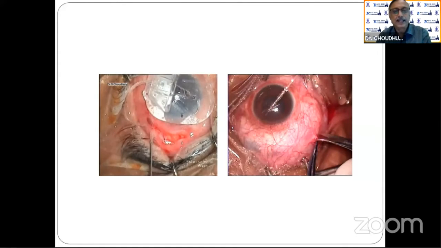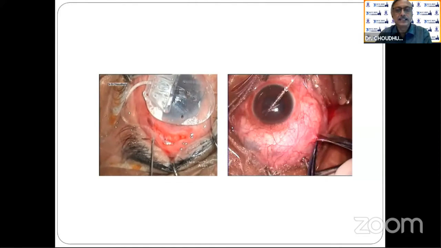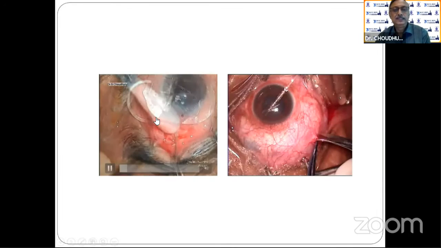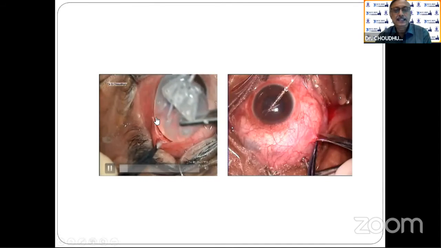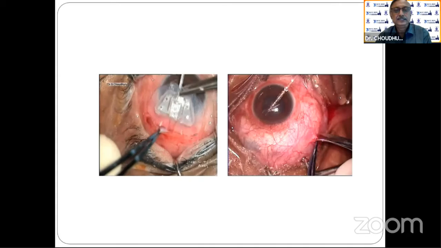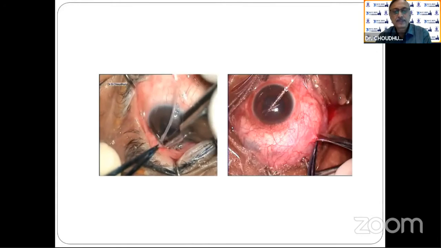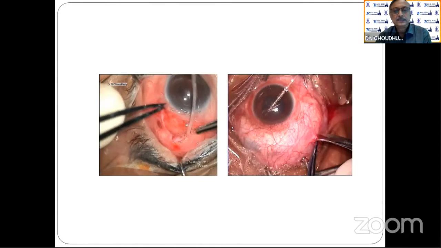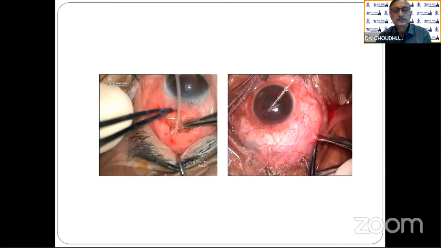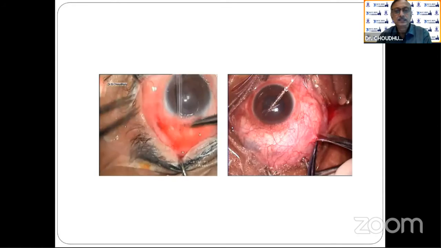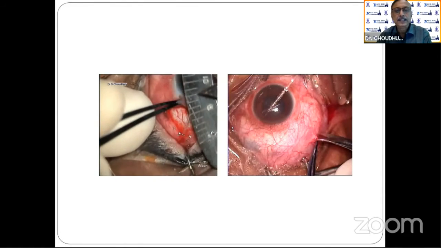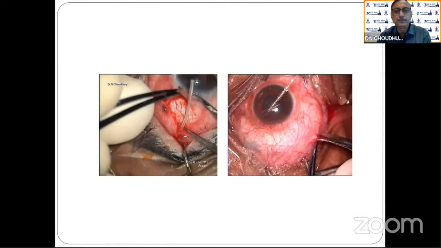First, we do the priming of the valve to see the potential of the valve. Next, just put the valve. It should be about 8 millimeters from the limbus.